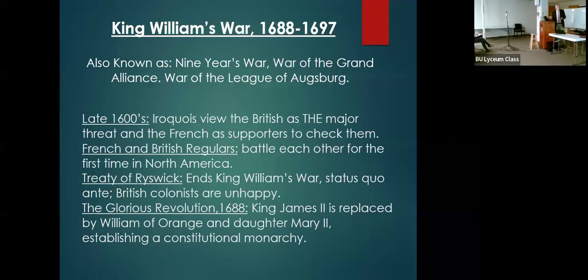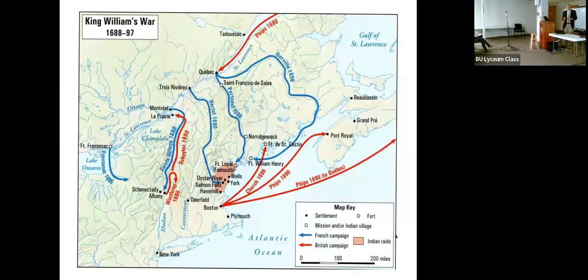And then this particular conflict was finally halted with that treaty, as I mentioned. This is just an example of the maneuvers that took place. And what we can see in the blue is where there were different movements by French forces in blue and by the British forces in red.